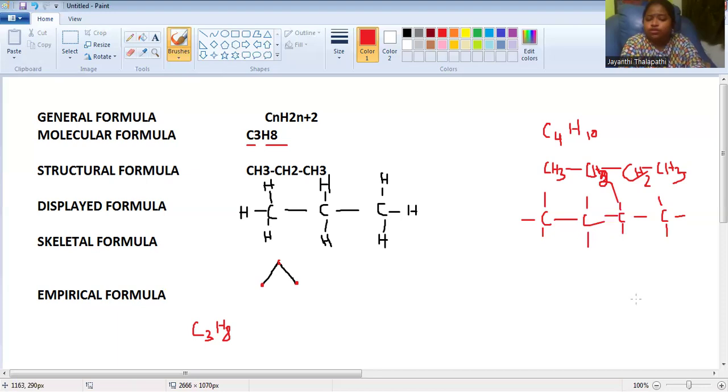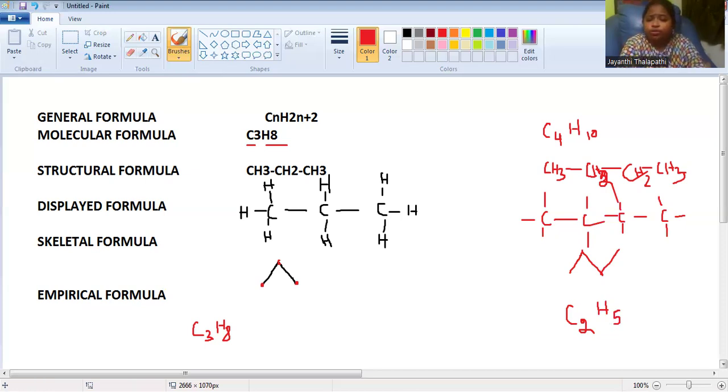How will you draw the skeletal formula for this? As I told you, 1, 2, 3, 4, 4 carbon atoms. This is the skeletal formula for butane. And the empirical formula: here C4H10, we can easily simplify it. The simplified formula is C2H5. This is for butane.